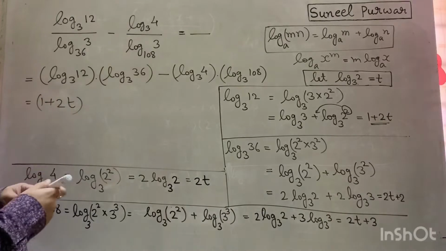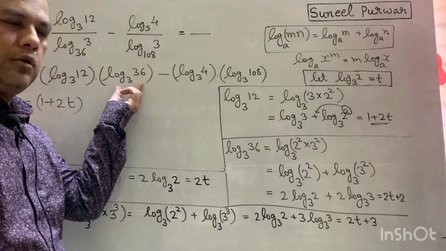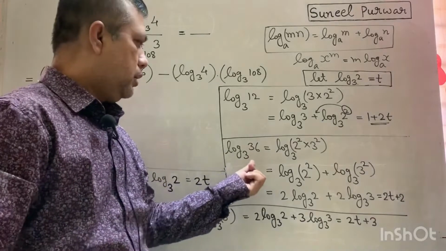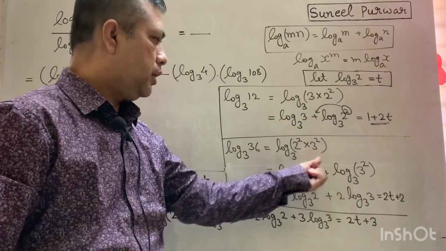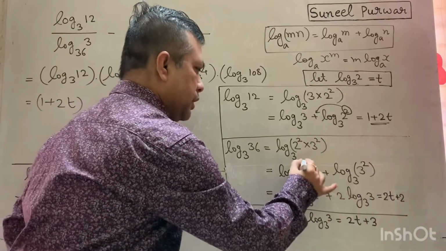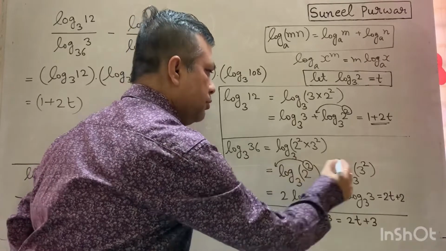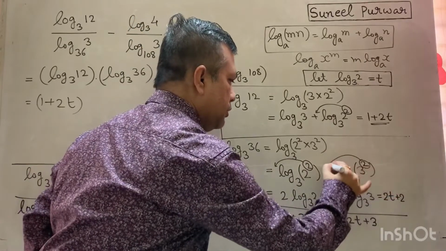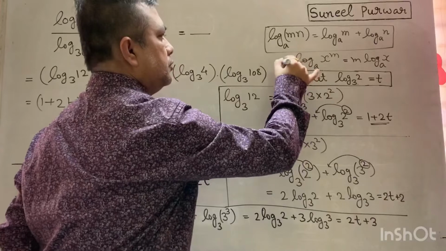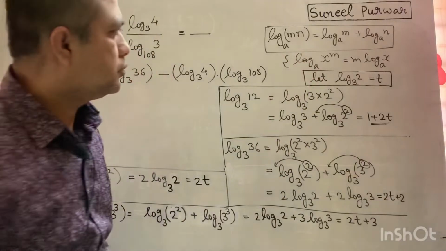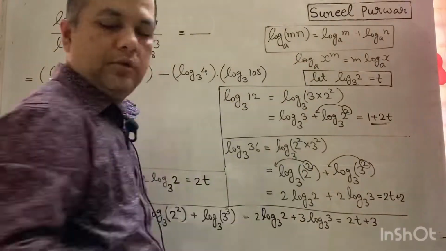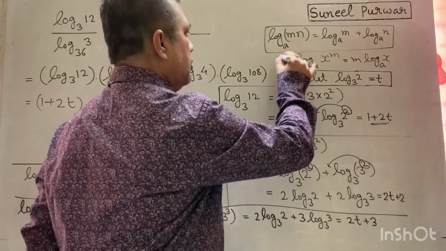In a similar way, let's simplify other log values. Log 36 to the base 3. 36 means 4 into 9. And once again these exponents will come out using the log property, log of x power m is equal to m times log of x.